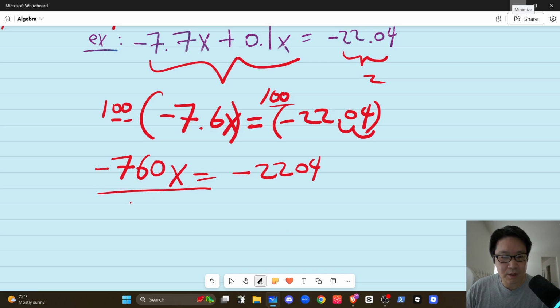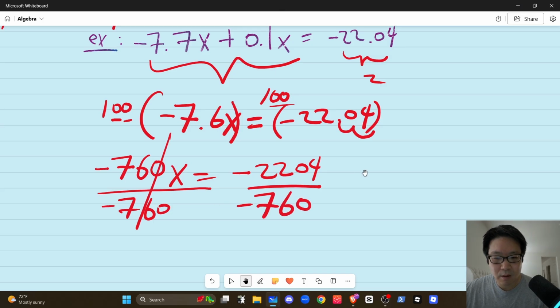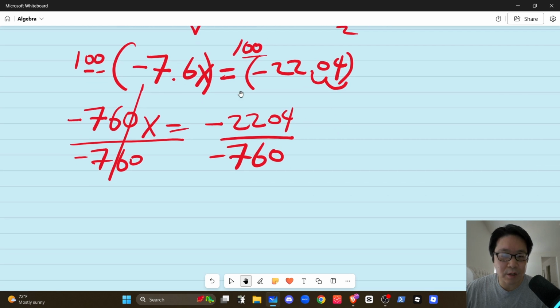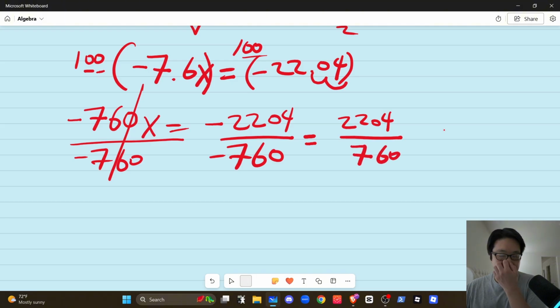And once again, to isolate x, we divide both sides by negative 760. Here on the right side, we're dividing negative by negative, which is going to give us a positive. And we can actually simplify this.